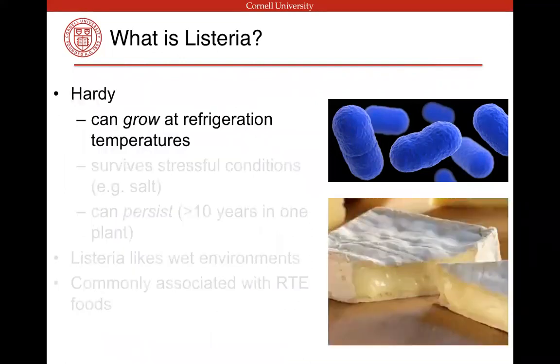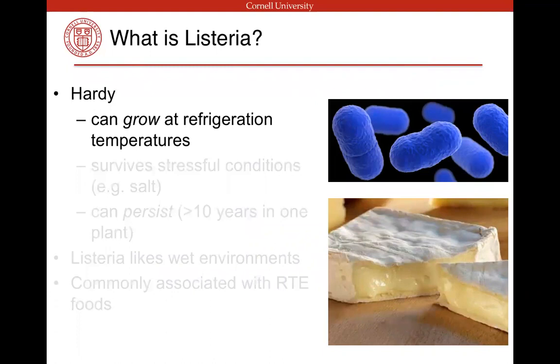It's very hardy. It can grow at refrigeration temperatures, but refrigeration is actually still considered a good way to control Listeria because it does slow down the growth considerably. But Listeria is different than other foodborne pathogens in that it can still grow, even at slower rates, at refrigeration temperatures.